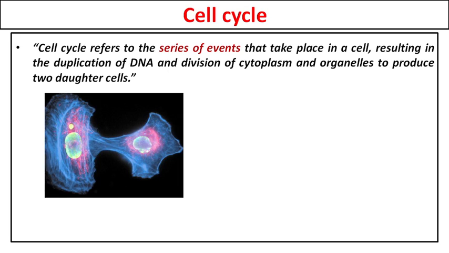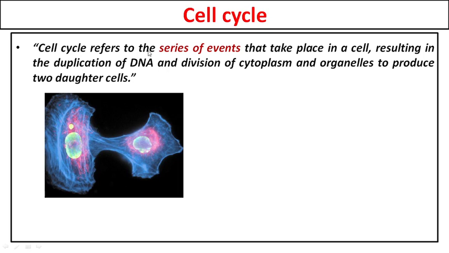So you know what cell division is. Division is breaking down something into two parts or more, right? Now what is cell cycle? As the name suggests, it is some cycle which goes on inside the cell. So cell cycle refers to a series of events.